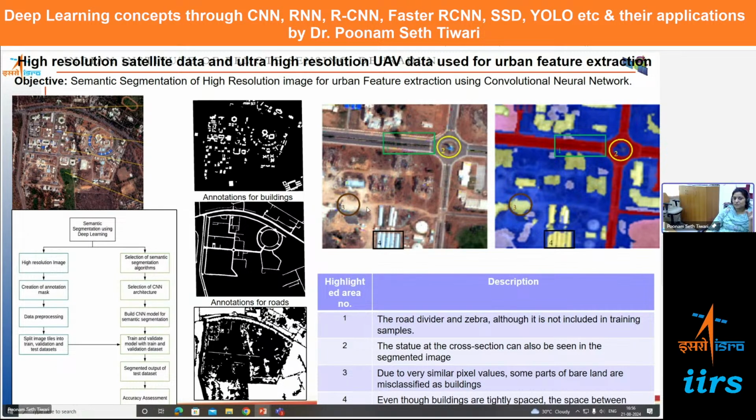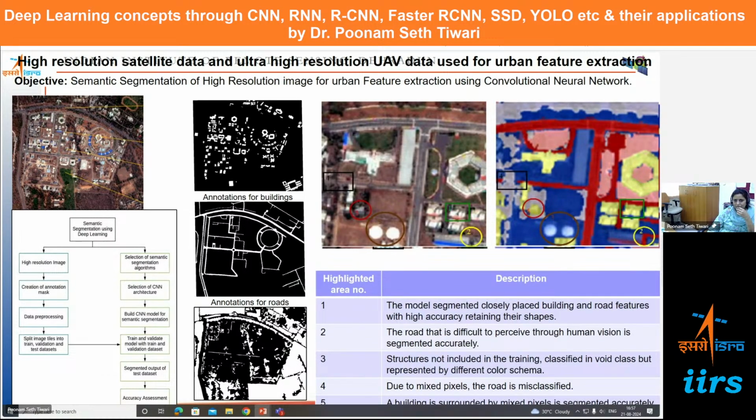In some places it is not doing correctly. As number 3, you can see this is a footpath, and it is marking it as built. The same type of features can be found here also. So sometimes it is performing very well, and in some places some errors are there.